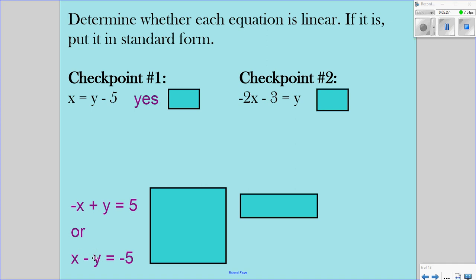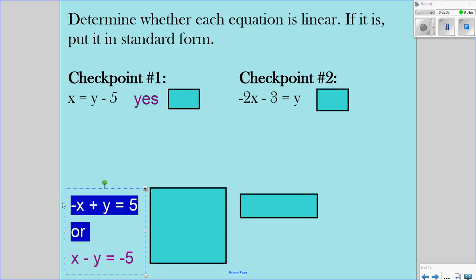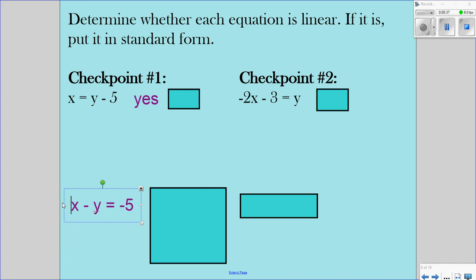So I would choose this one: x minus y equals 5. So I'm going to take that out. So this one, x minus y equals negative 5. The a has to be positive.